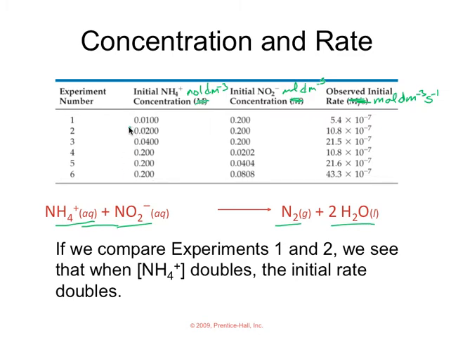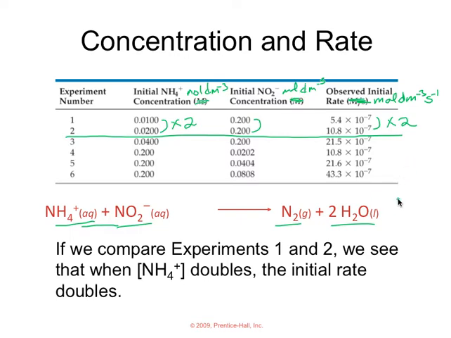If we look at experiments 1 and 2, we notice that the concentration of the nitrite remains the same. So the concentration of the nitrite is not going to have any effect on the change in the rate. But I did double my ammonium concentration.